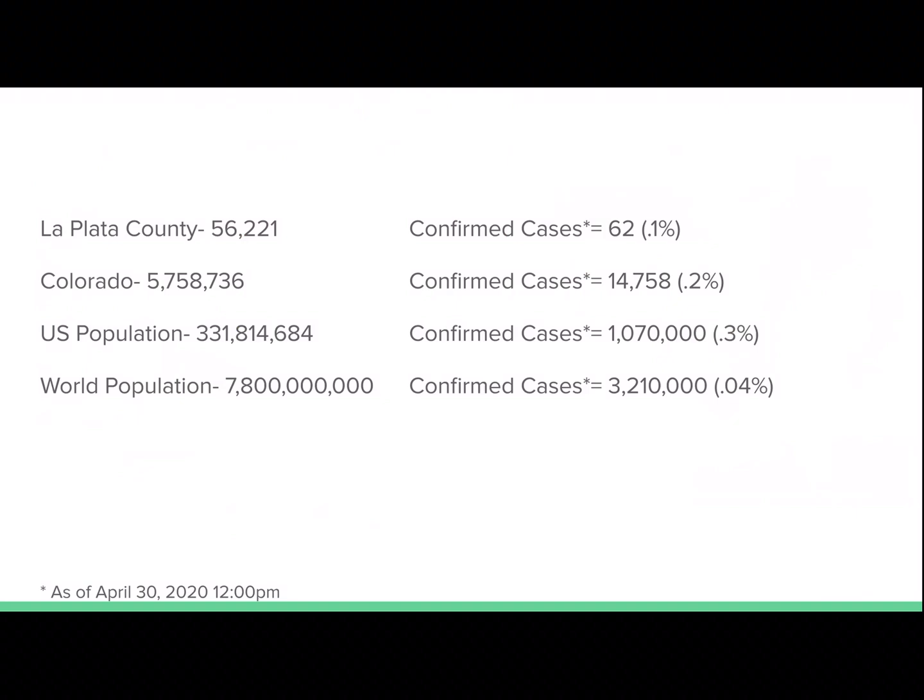All right. The US population is 331 million people. All right. And we only have about 1 million cases confirmed across the whole nation. So that's 0.3%. Okay. And then you go to the world, it's 7.8 billion people. Okay.